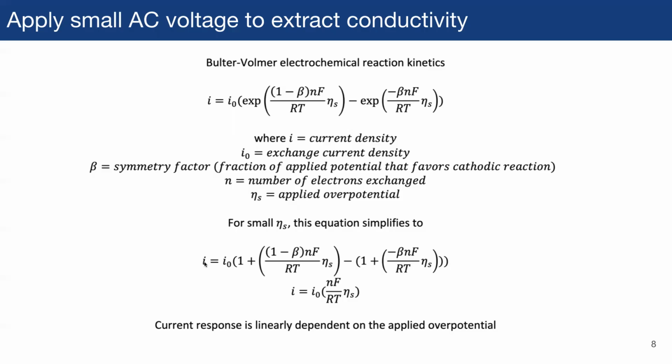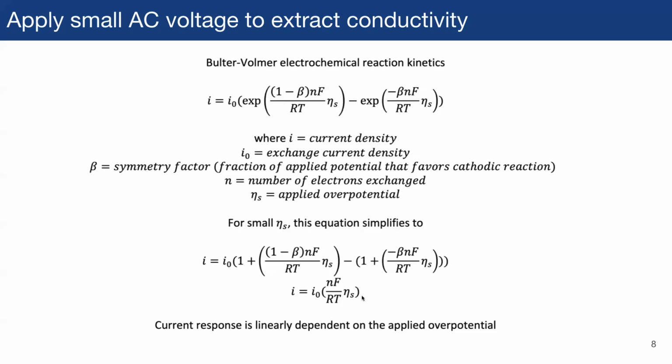Again, if we want to get impedance, we need a linear response. So what we can do is apply a very small overpotential, again on the order of about 10 millivolts. In that process, we can Taylor expand our exponential term and make some simplifications that allow us to cancel out basically all of the exponential terms, and we end up with a current that is linearly proportional to the applied overpotential.